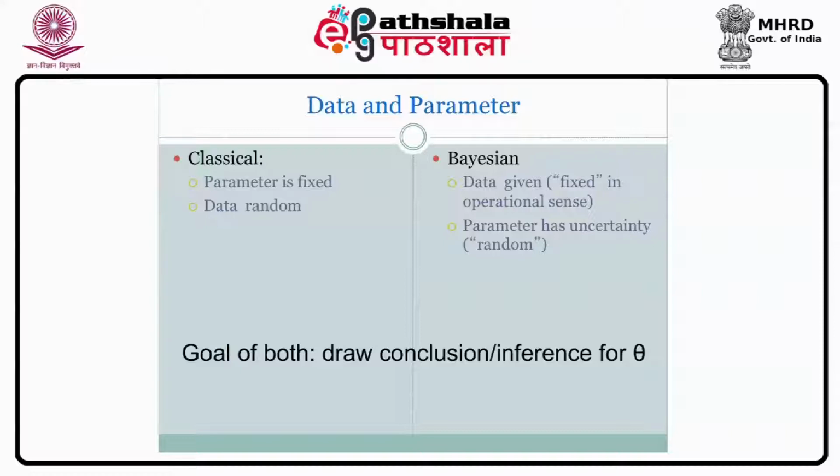On the contrary, in the Bayesian approach, the data is kept fixed in the operational sense, but the parameter varies, it has some uncertainty, so it is random. But in both cases, the interest is to draw inference on the parameter theta.